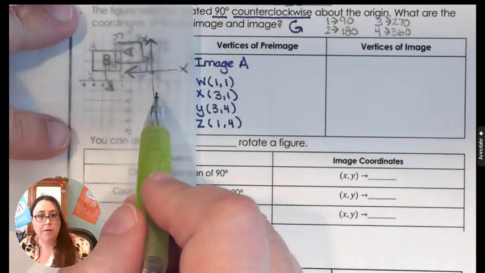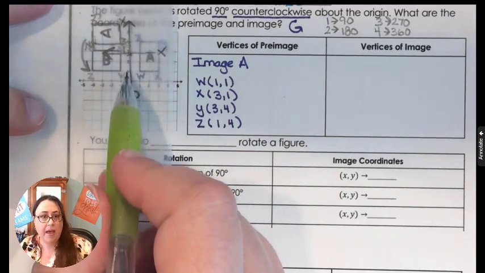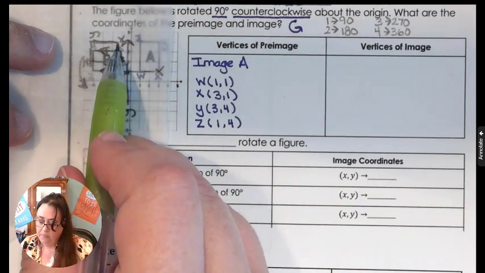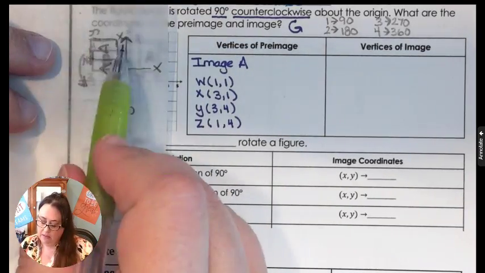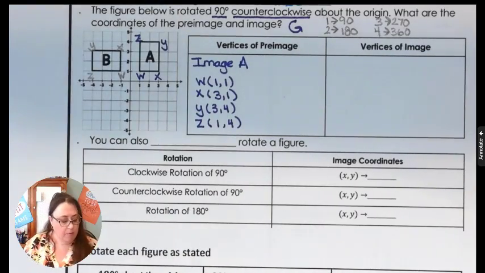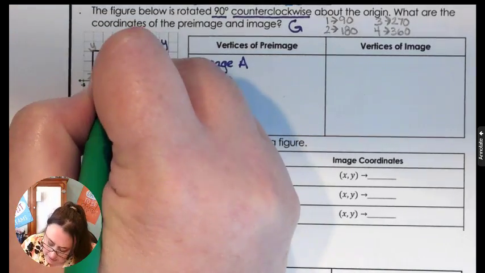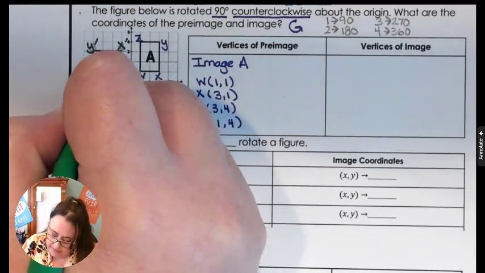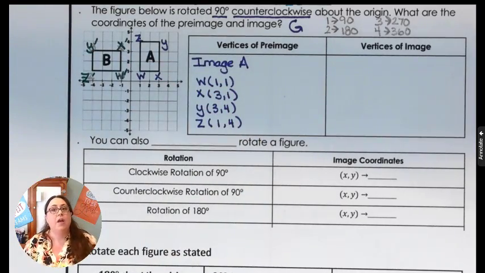Did you see how I was using my paper to help me get it back? The bottom corner was W, so I put W. Top corner, X, go over is Y, and back over is Z. But remember, it's W prime, X prime, Y prime, and Z prime, because it is the image.